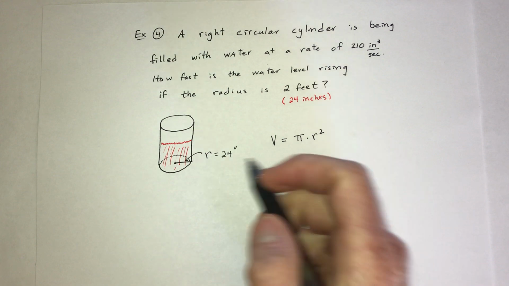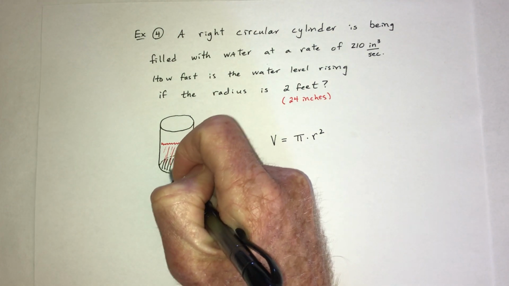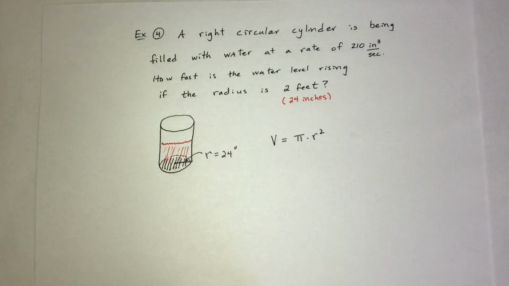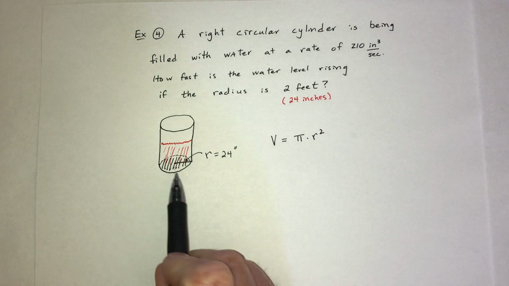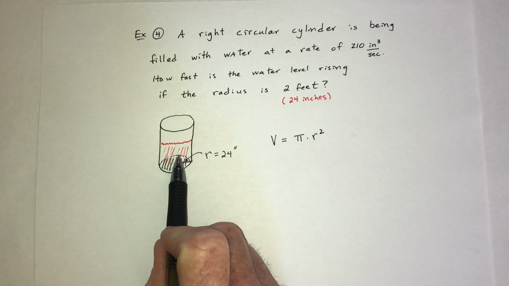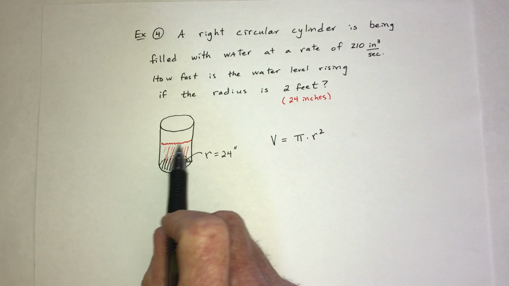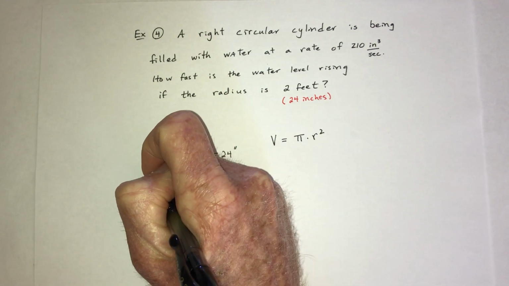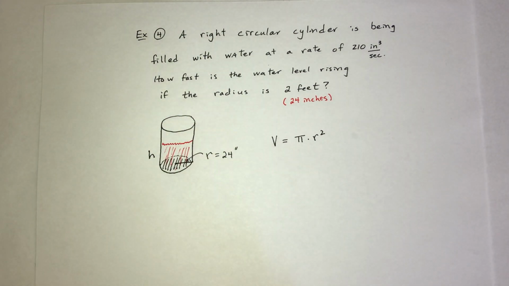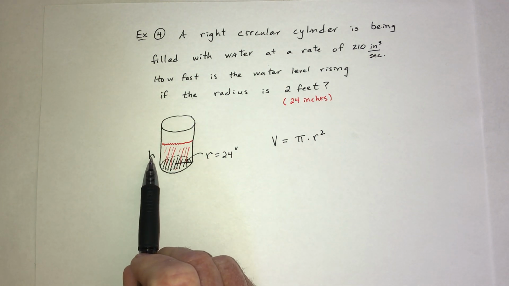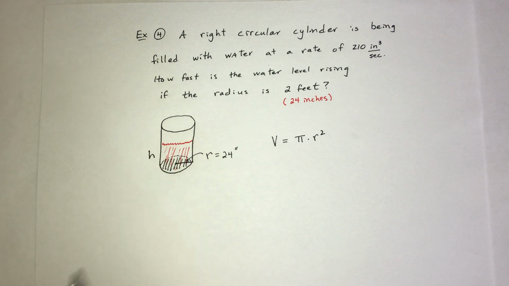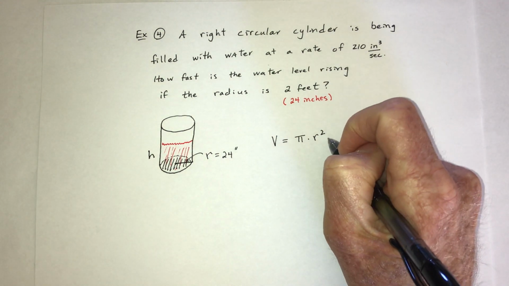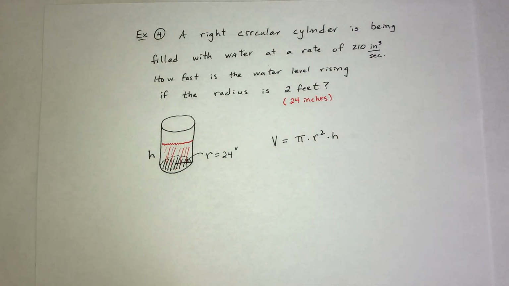So if you do pi r squared, that will find the area of this circle that's on the bottom. And then stack it up, stack it up, like you're stacking quarters until you get to right here. So this will be the height of the water. I cannot put a number because it's going to be changing, so I need to use a variable like h. So anyway, you multiply by h, that's the formula for the volume of a right circular cylinder.